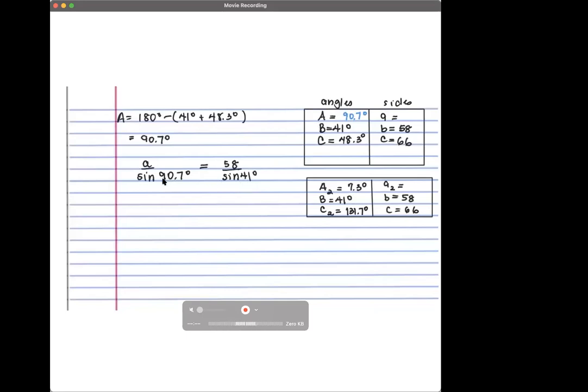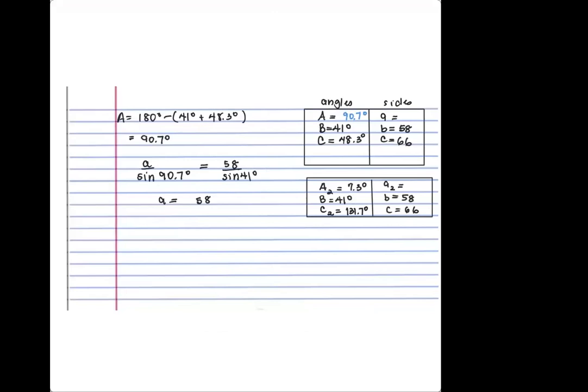So now I'm going to multiply both sides by sine of 90.7. So little a is equal to 58 times the sine of 90.7 degrees all over the sine of 41 degrees. So we'll go out to the Alex calculator and do that computation.